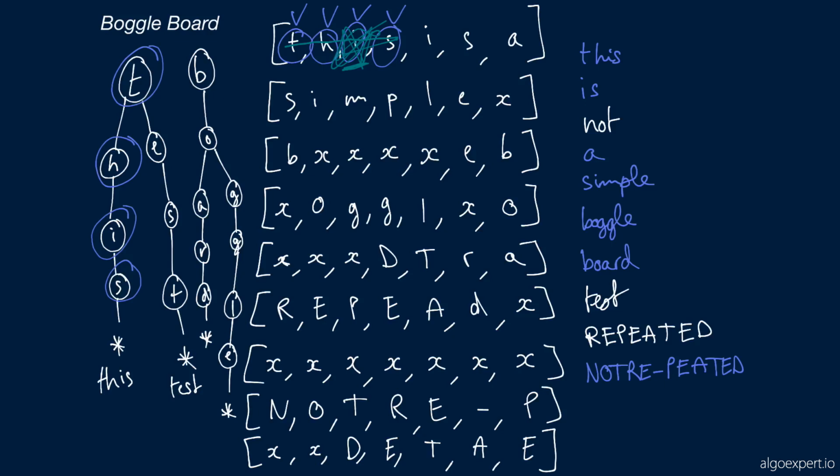So because it's visited, we're just going to skip that. And now we're done exploring all the neighbors of our S in this branch. We went from T, H, I, S, and then explored all of the neighbors that were unvisited. There was one that was visited, so we skipped it, and we couldn't find anything.